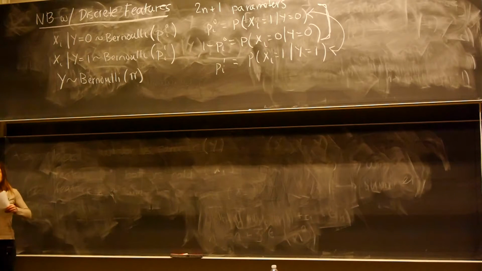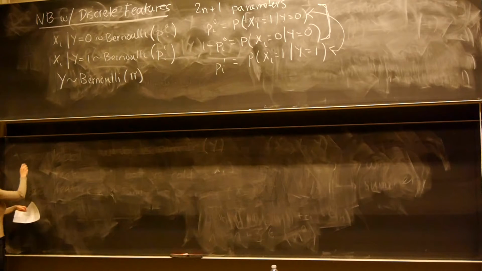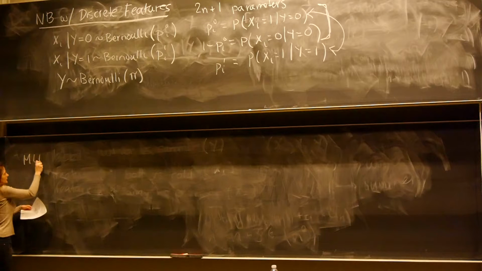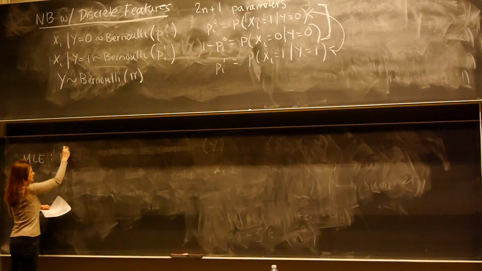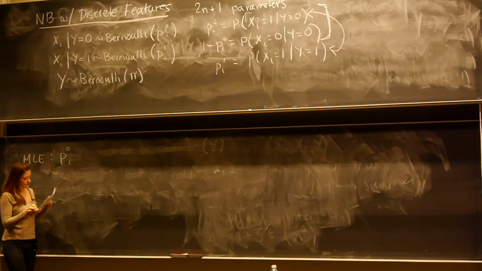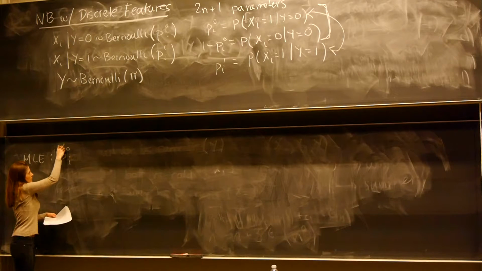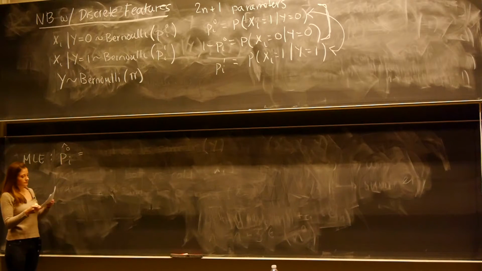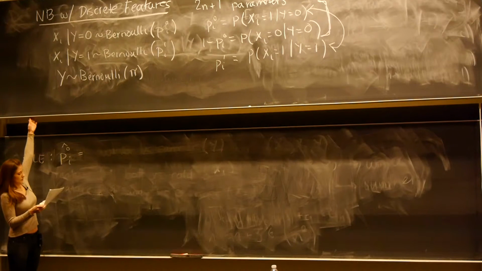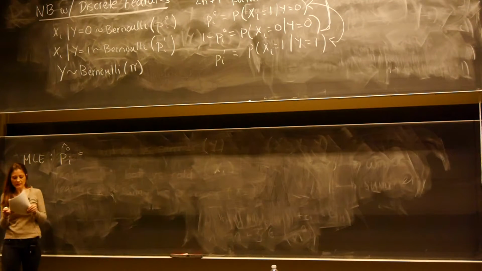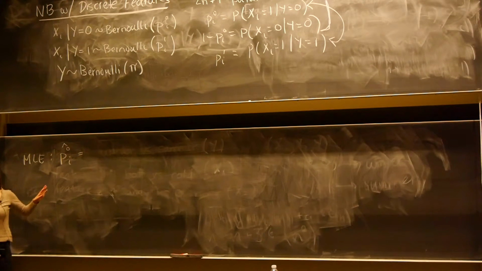So let's suppose we want to use the MLE. What's the MLE for pi0? Well, we know that the maximum likelihood estimator of a Bernoulli random variable is just like, suppose you're doing coin flips, then the MLE is the number of heads divided by the total number of flips, right?